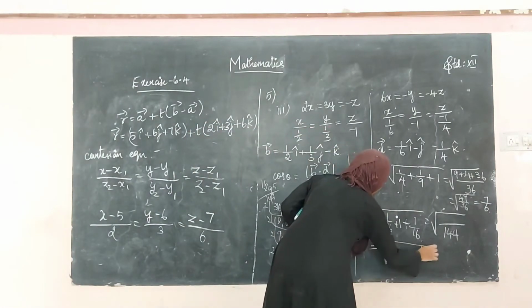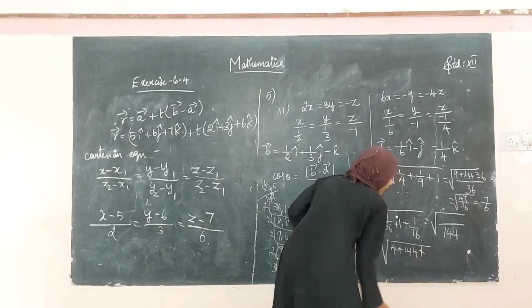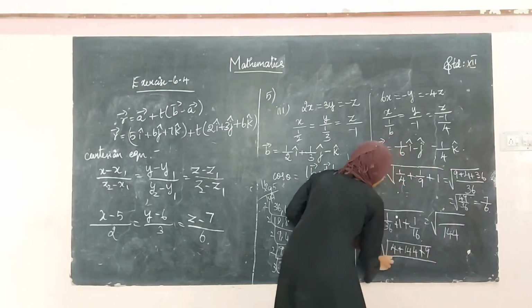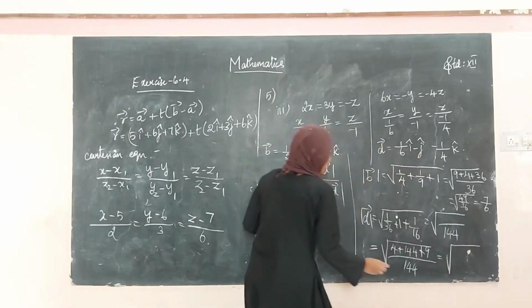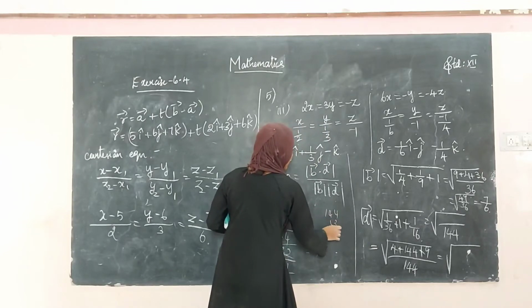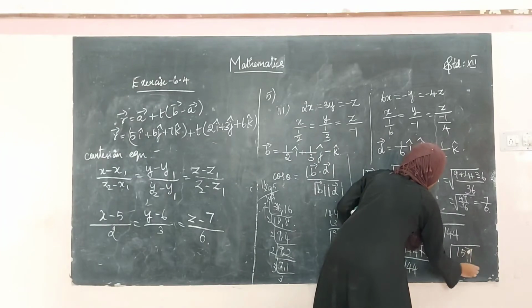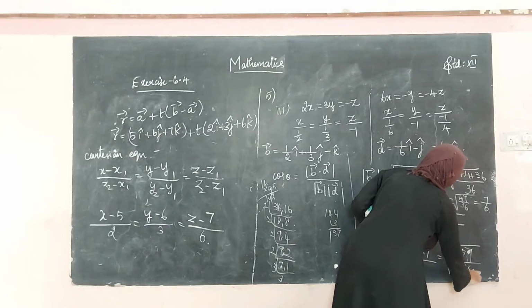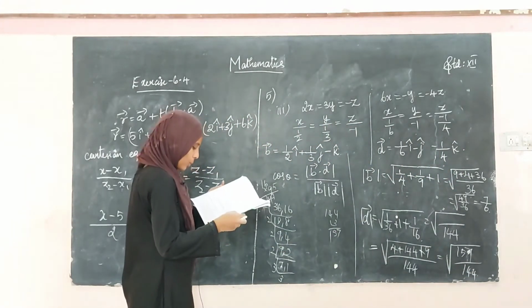So 4 plus 144 plus 9 divided by 144, add all this. So this is 13, so 144 plus 13 is 157 divided by 144. 157 divided by 144.